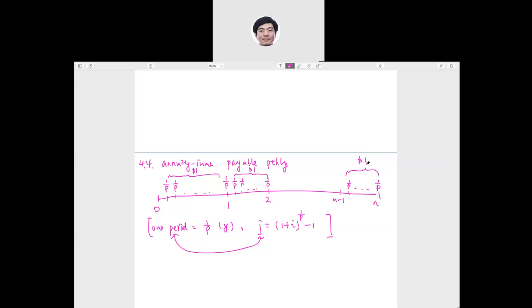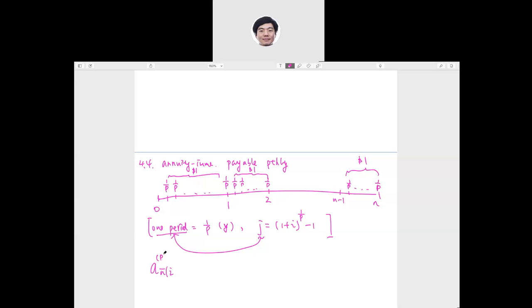So in the end, you still have $1 for each year, but now this $1 is divided P times into 1 over P. At the end of each unit period, you will receive 1 over P dollars. But if you count how many payments, it would be N times P. We have a notation for this type of annuity.